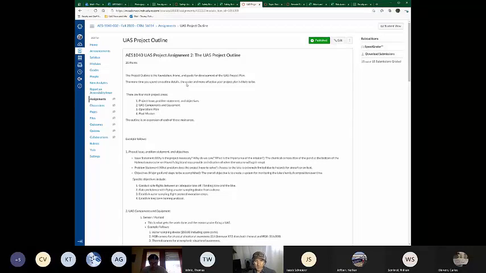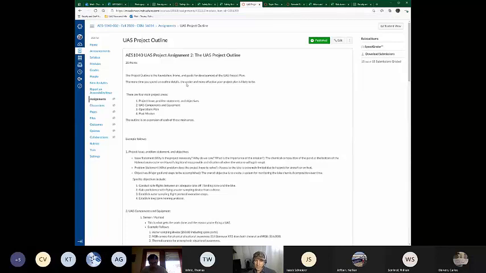The second part is UAS components and equipment, and we talked about that on Monday, and I'll have some more, a little bit more detailed guidance about what goes into that part.